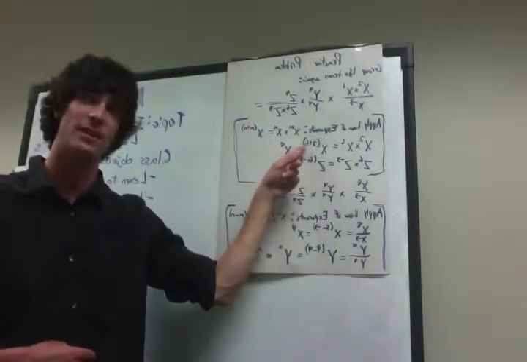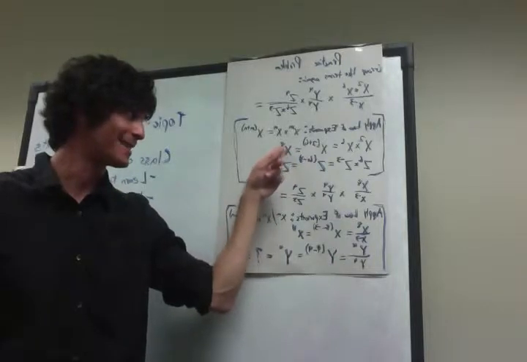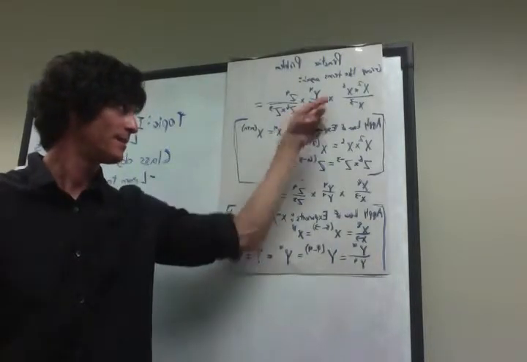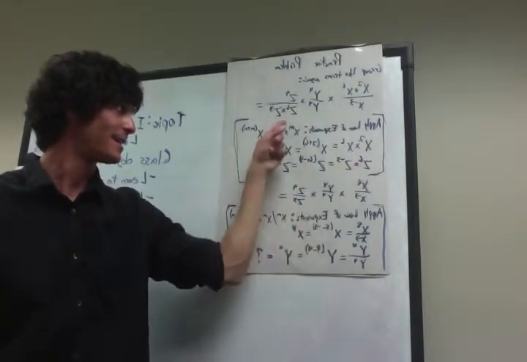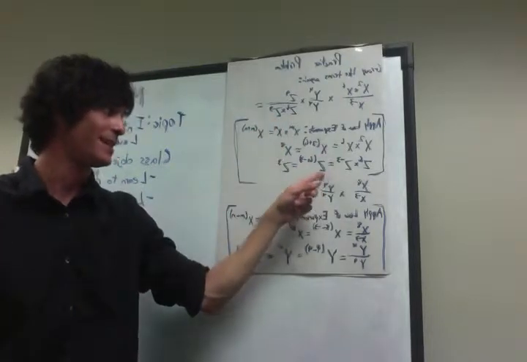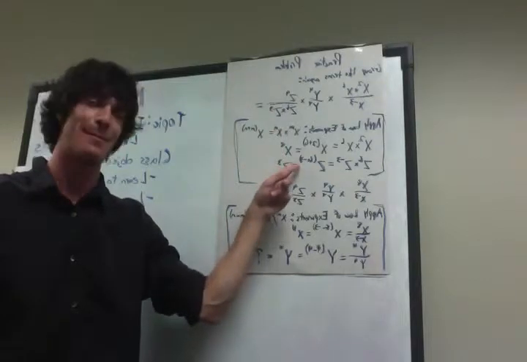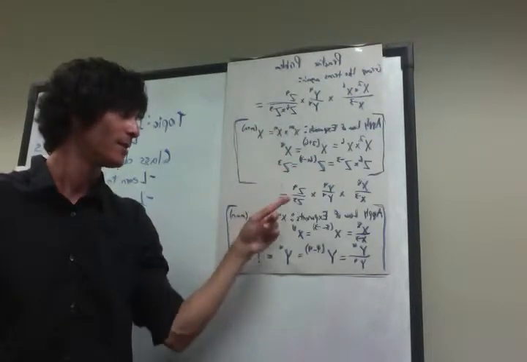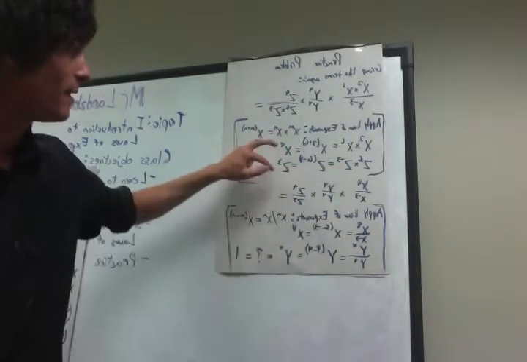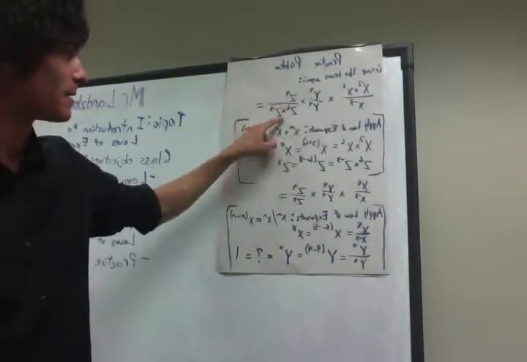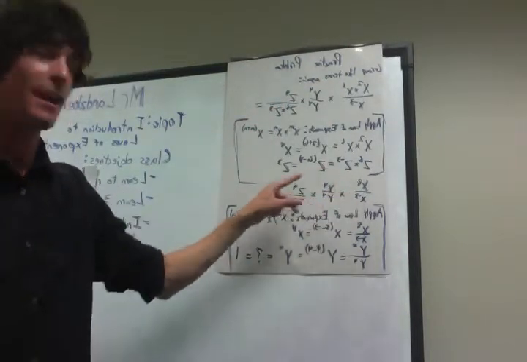Z to the 6th times z to the negative 3rd equals z to the 6 plus negative 3, or 6 minus 3, z cubed. So we substitute in these two terms for these two terms. See how we've simplified it here? Is everybody following me? Yeah?